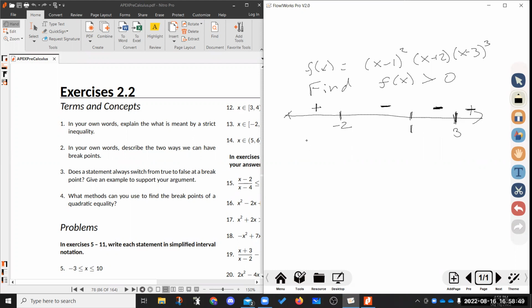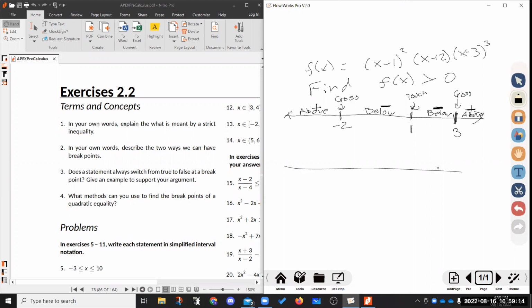So we start off above the x-axis, then we go below and we cross here, and then we're going to touch here because we're going to stay below, and then we're going to cross again and go above.